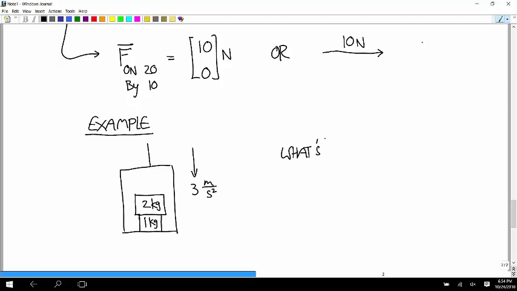And we want to know what's the force applied to the top box by the bottom box.